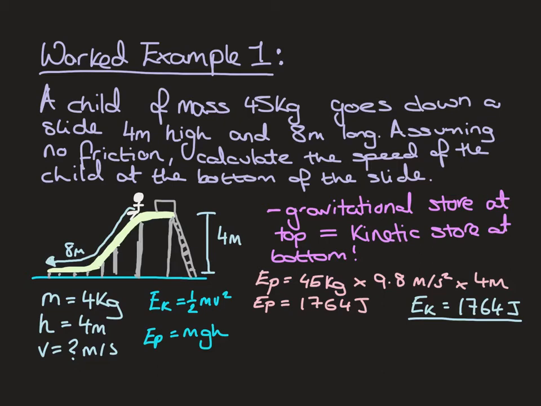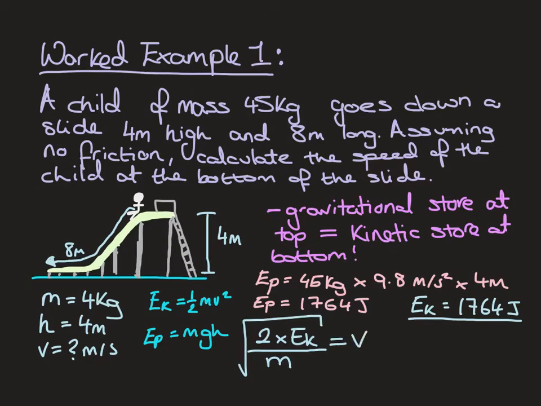The opposite of multiplying by half is dividing by half. So I'm going to say 2 multiplied by the kinetic energy store divided by the mass is going to be equal to v squared. So if I take the square root of it, that's going to be equal to v, okay?